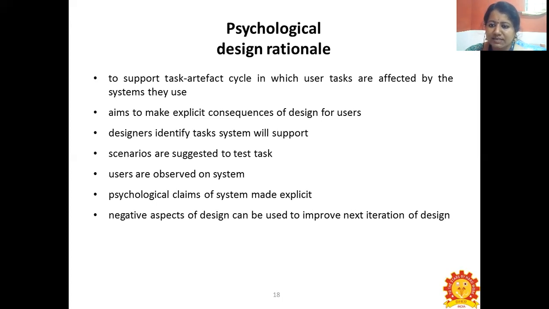Scenarios are suggested to test the tasks. Here, the users are observed on the systems. The psychological claims of the systems are made explicit. The negative aspects of the designs can be used to improve the next iterations of the design. So these are the steps that come under psychological design rationale.